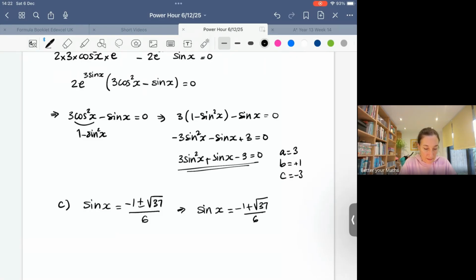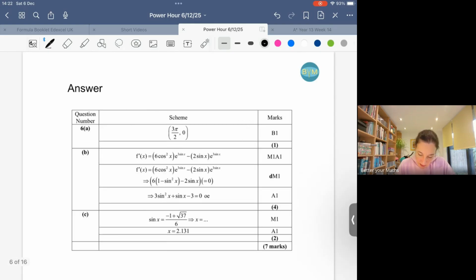If you don't have your calculator in radians, sine minus 1 of minus 1 plus root 37 all divided by 6. And I get 1.01. Do you get 1.01? Yeah, that's the first solution, 1.01.